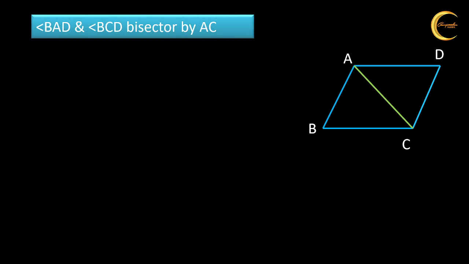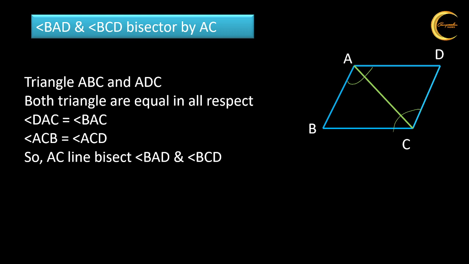So this total angle BAD equals angle BCD. Now we know that these two triangles, ABC and ADC, are equal in all respects. Earlier we have seen the proof.